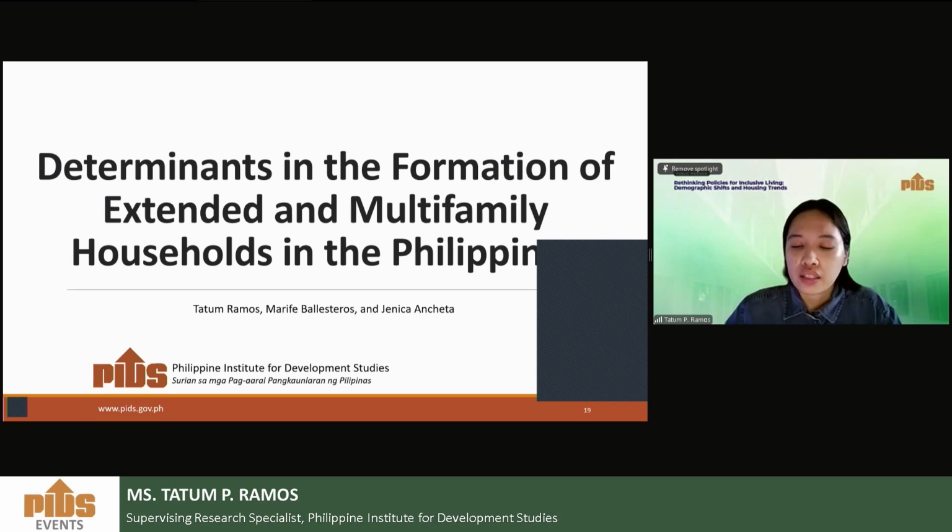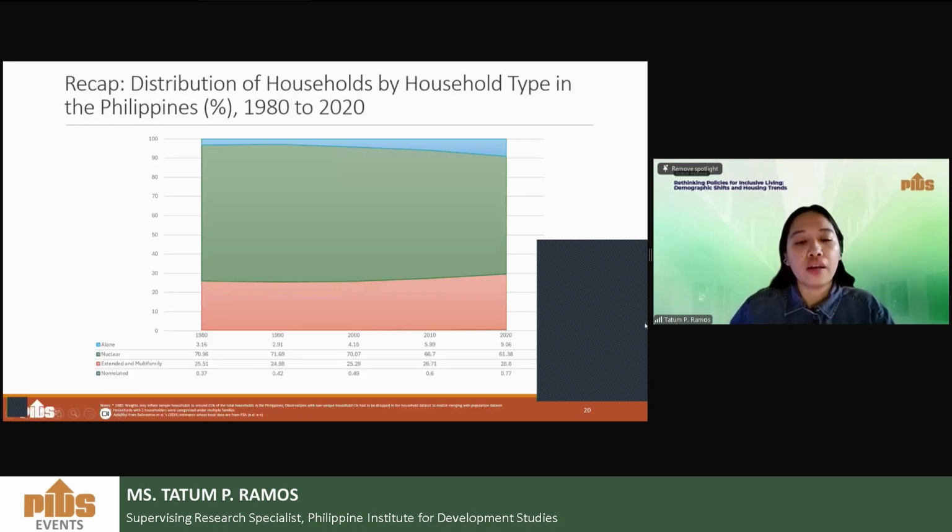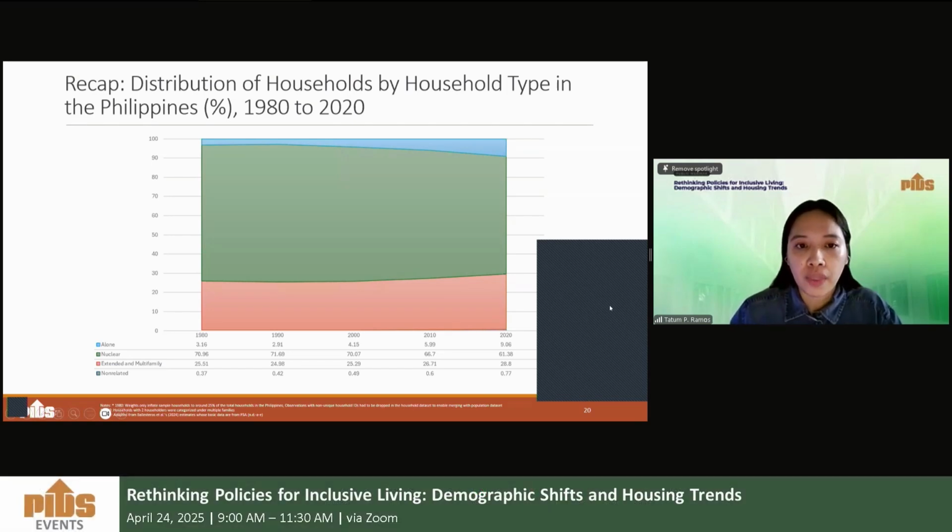And as seen in this figure that was also presented earlier, there is a significant proportion already of households that are extended and multifamily. So in 2020, around 28.8% of the households in the Philippines were already in this household type.